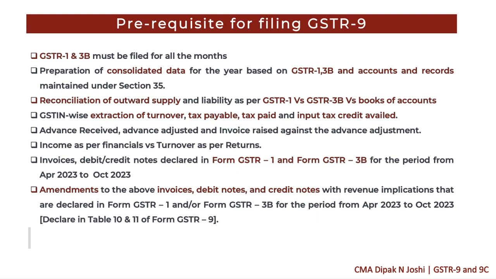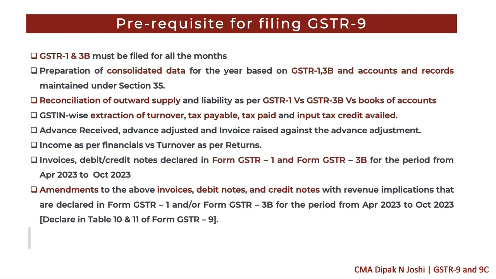It is also based on the accounts and records maintained under section 35. Therefore, whenever a registered person is filing GSTR 9 and GSTR 9C, he should first prepare the consolidated data for the financial year, based on GSTR 1, GSTR 3B, and accounts and records maintained under section 35 of the CGST Act.